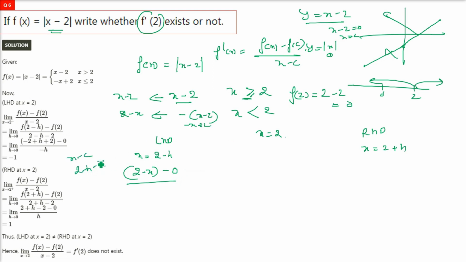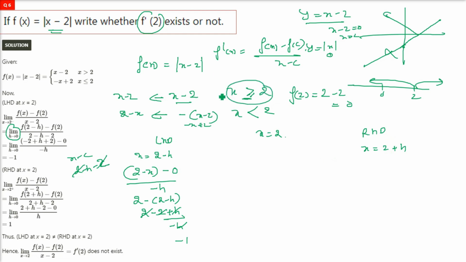Let us replace x by 2 minus h. 2 minus h minus 2 will be negative h. And in the numerator, 2 minus 2 plus h, 2 gets cancelled. You have h divided by negative h. So h gets cancelled, you get negative 1. And please remember, everywhere you have to write limit h tends to 0. I'm not writing it, but you have to write it on every step.